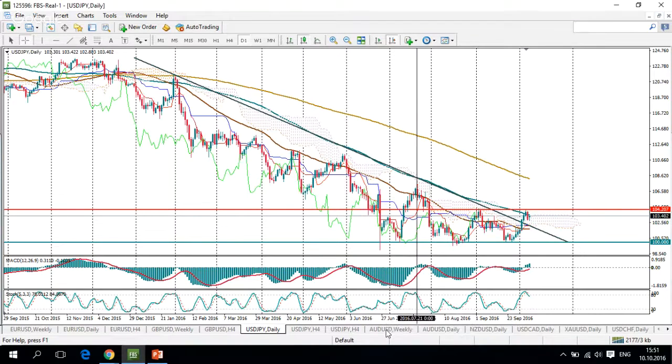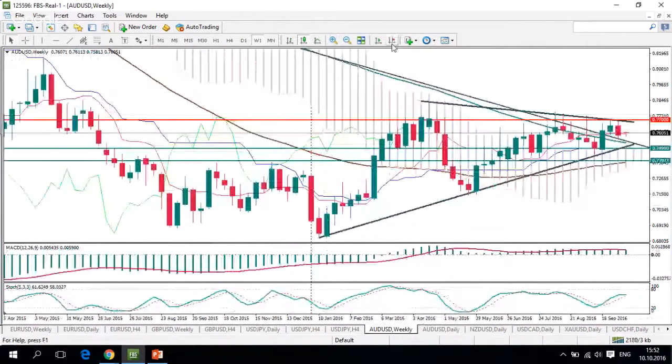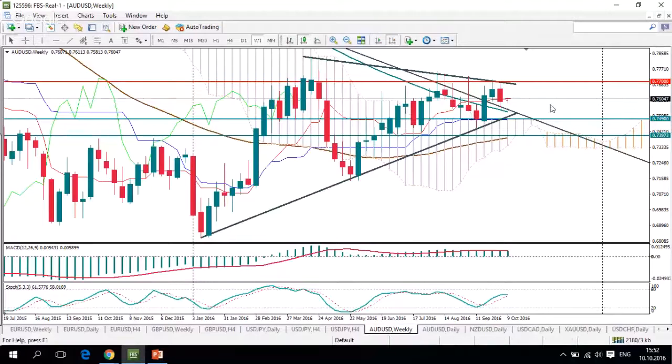And a couple of words about Australian dollar, our commodity currency. Well, what we saw last week wasn't really surprising, in my opinion. Despite some attempts to break a big resistance line to the upside, we see that the main obstacle for the pair is provided by the level of 0.77.